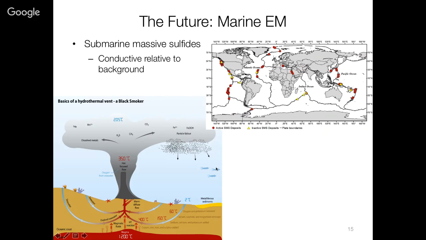Marine massive sulfides, submarine massive sulfides, the Japanese are very big on this, and there's a couple of other countries too. So you get these black smokers that come up, and you've got minerals that are simply deposited on the surface.